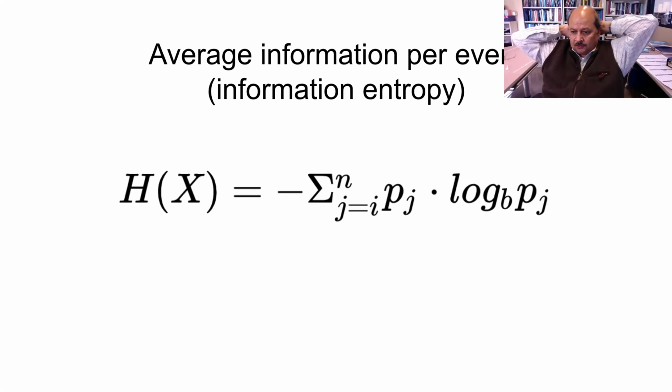So if you have n coin flips, the number of possible states is 2 to the power n, right? Because each coin can be in one of the 2 states, heads or tails. So if you have n coins, you have 2 to the power n possible states.